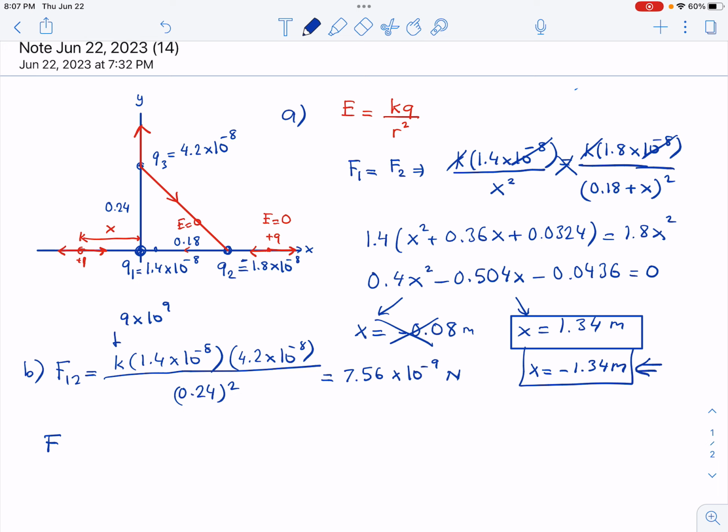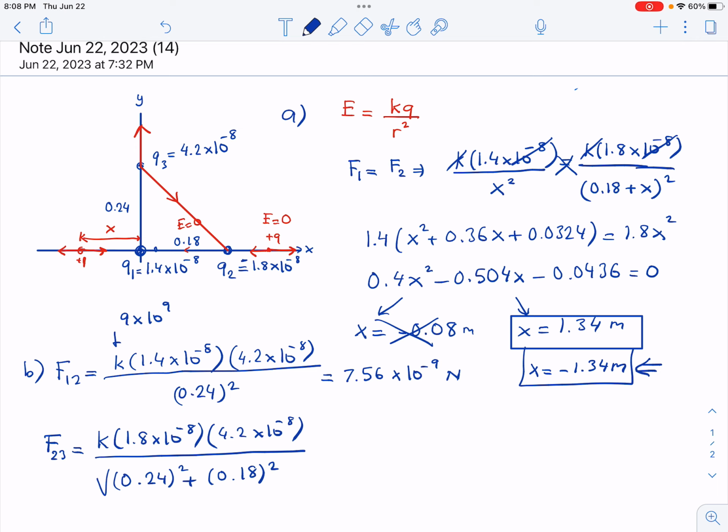Now F23 is K times 1.8 times 10 to the negative 8 times 4.2 times 10 to the negative 8 over the hypotenuse, which is the square root of 0.24 squared plus 0.18 squared, and then squared again, so it takes care of each other.